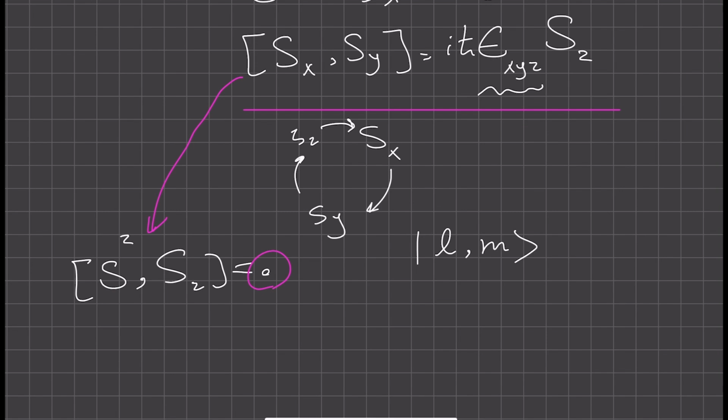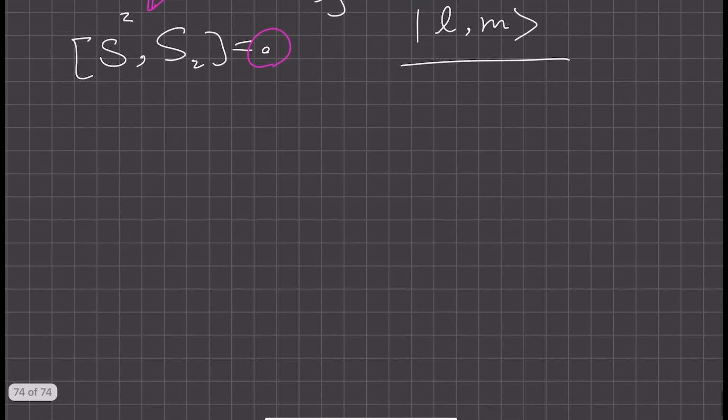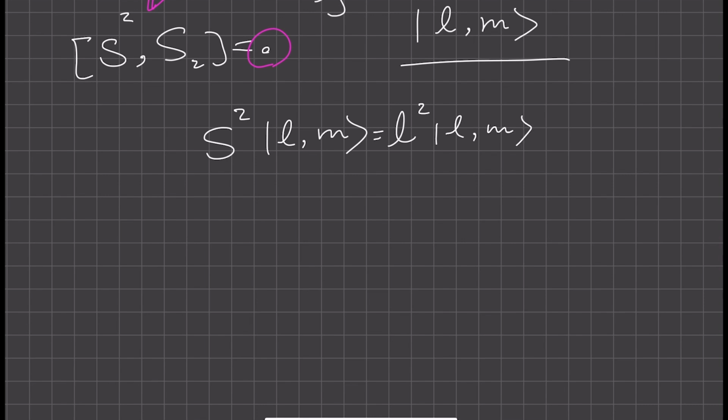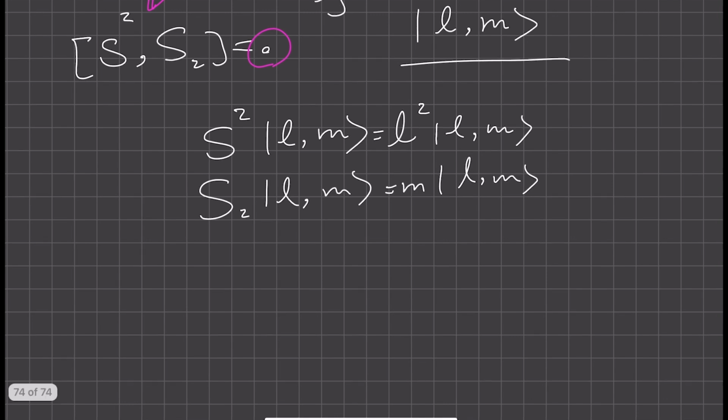So there's a state L and M. Those M and L are two different eigenvalues. One of them is for Sz and the other one is for S squared. So when we have S squared act on L and M, you would get L squared times L and M. And when we have Sz act on L and M, we get M times L and M. But what is the relationship between L and M?